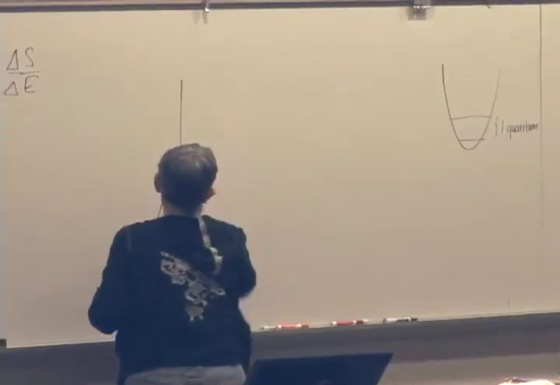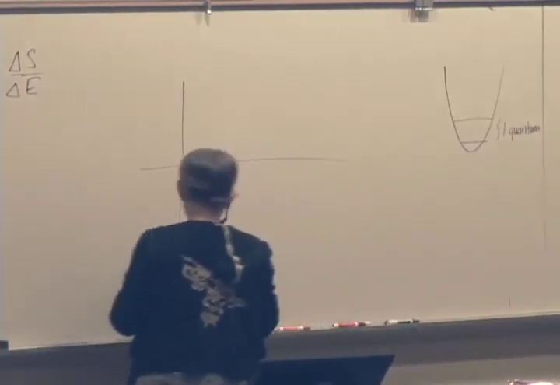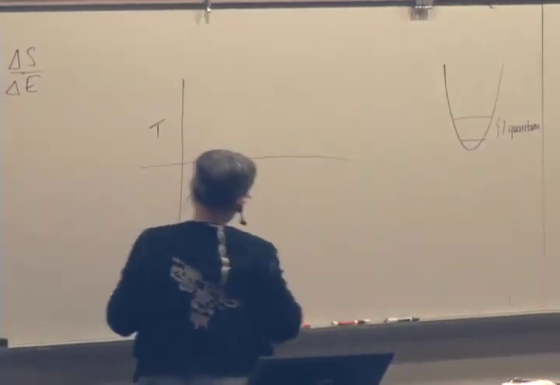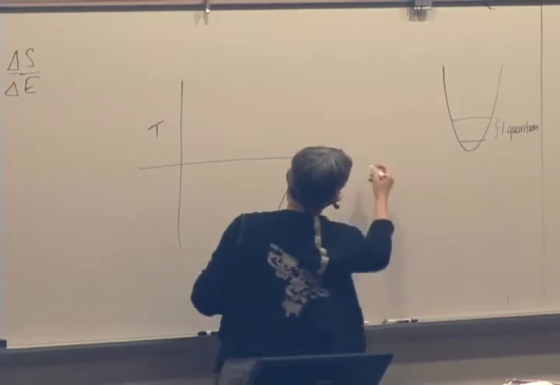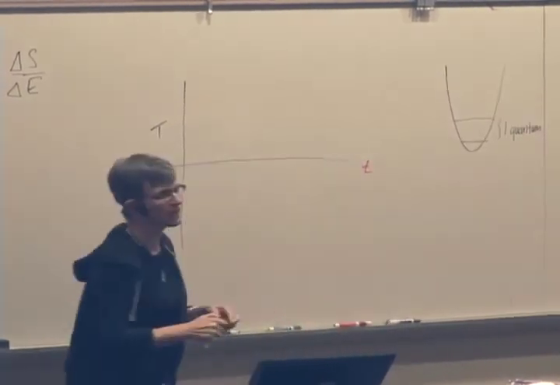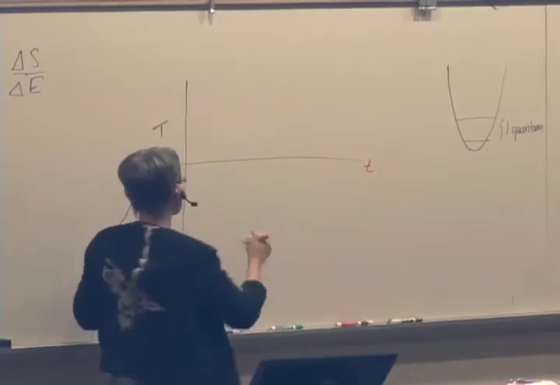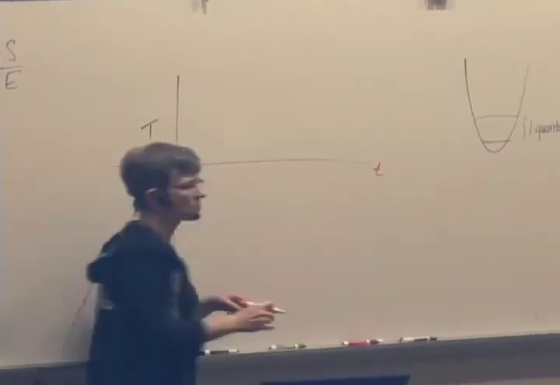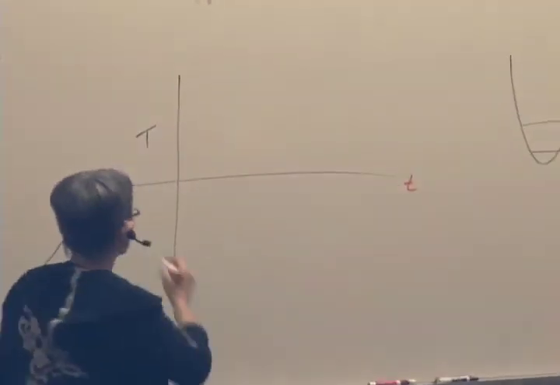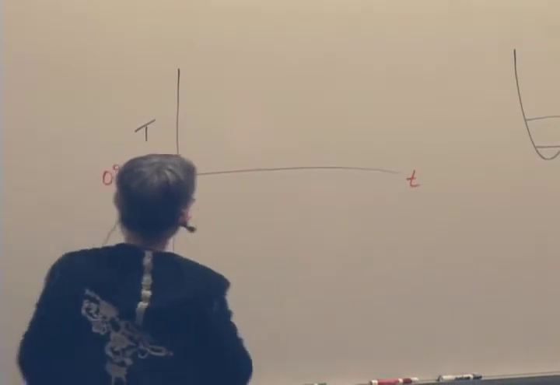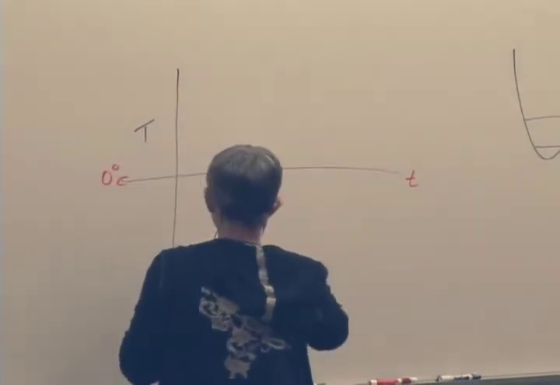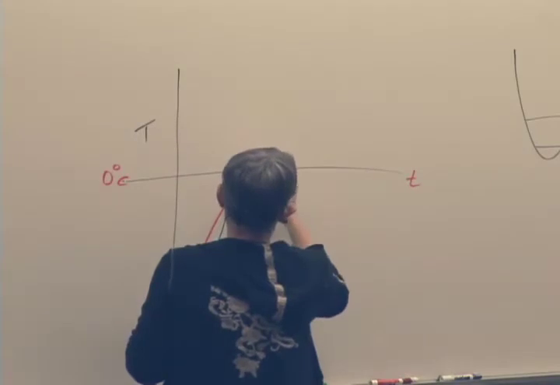And I don't know if you may have actually done this experiment in a chemistry class. So if you plot, you're measuring temperature versus time, and you're heating some ice. And so the ice was below 0 Celsius to start out with. So the temperature goes up and up and up, and then it starts to melt.